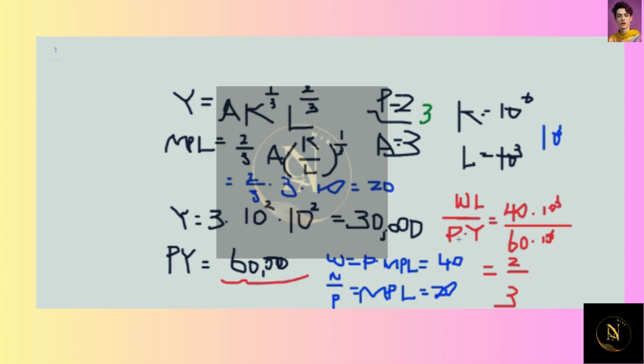So when we recalculate this P times Y, we see that since output is A times K and then L, it has nothing to do with P. And MPL also has nothing to do with P. So even if price changes, these amounts won't change. But what changes here is that it is going to be 3 times Y, right? So 3 times Y is 90,000.